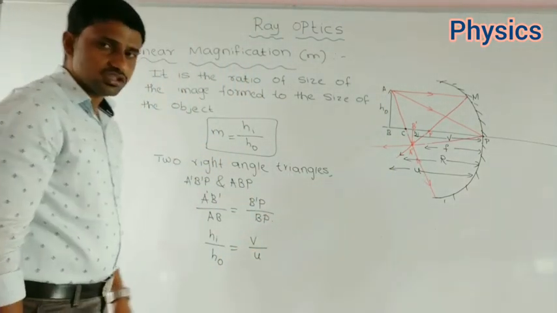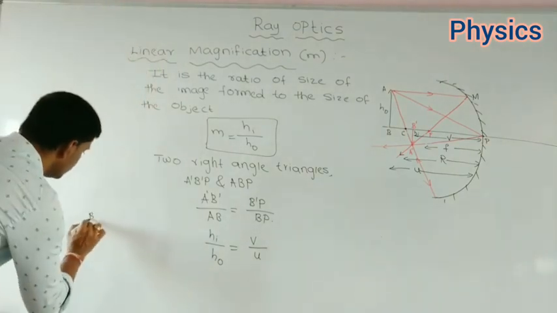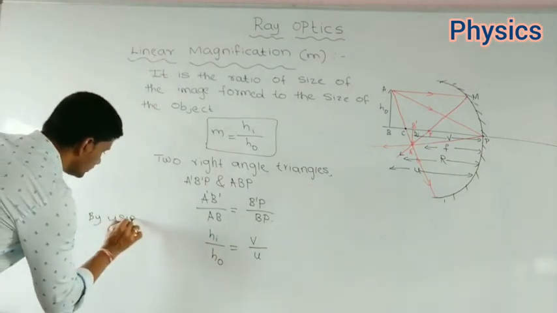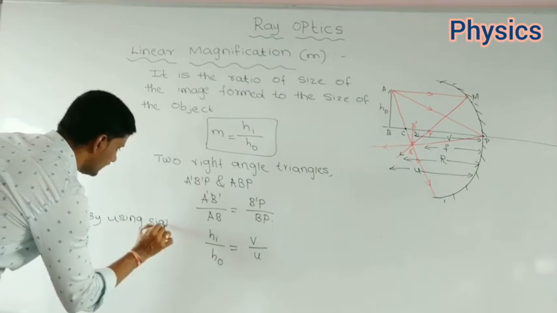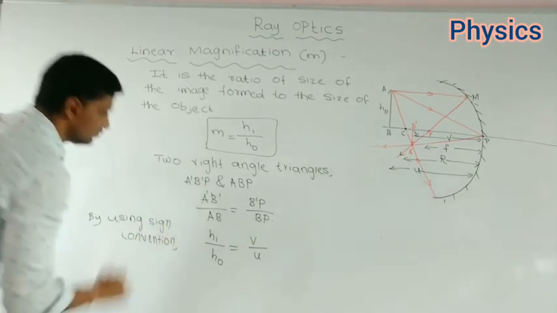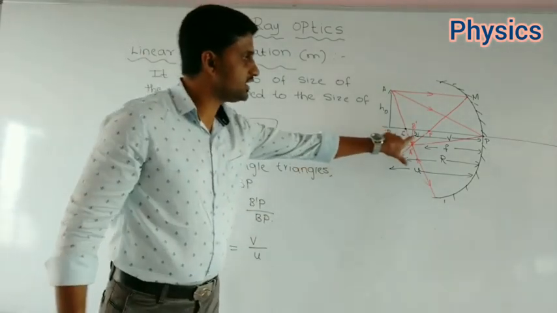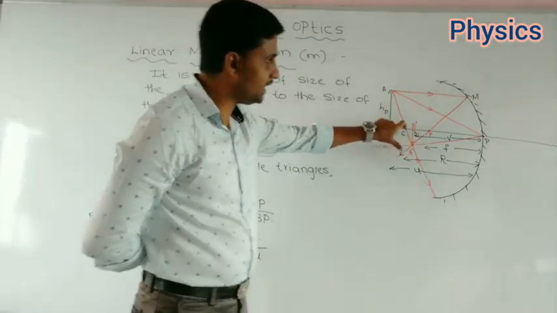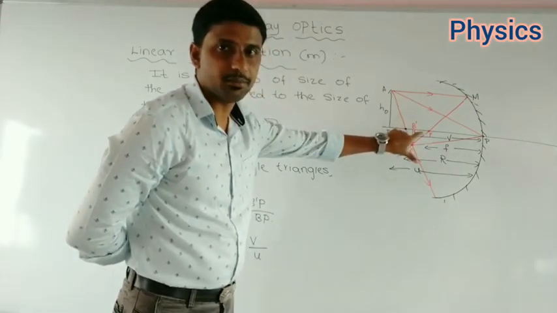But if you use the sign convention rule, hi is the height below the principal axis.